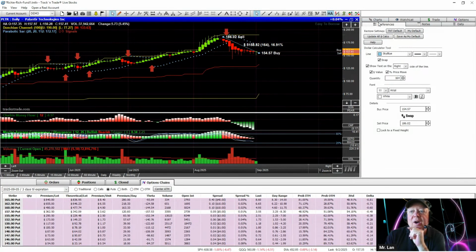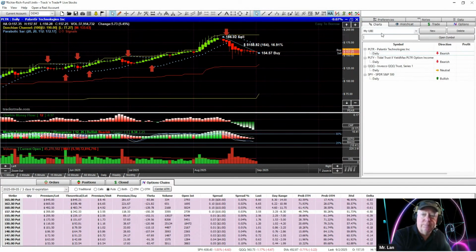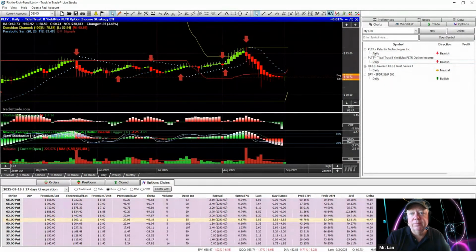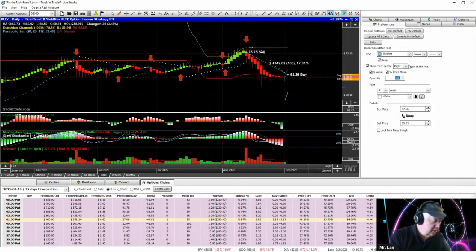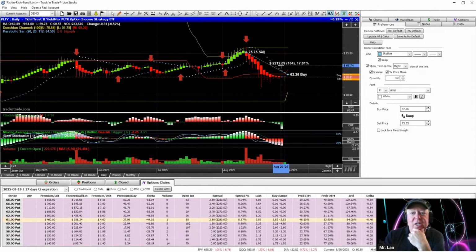We're in PLTY. So now we have to go over to PLTY and do the same thing. How big was this drop in PLTY? And we had 164 shares. So we go to preferences, 164. That was a $2,000 drop.